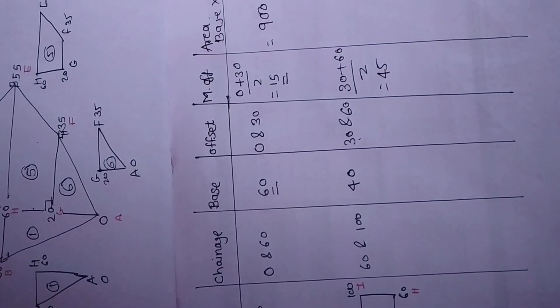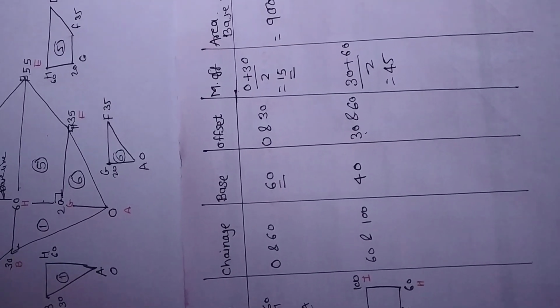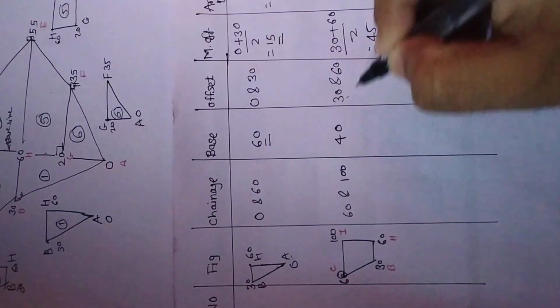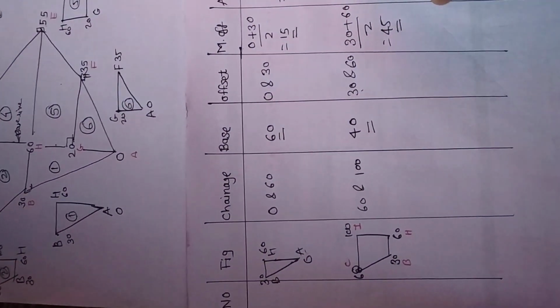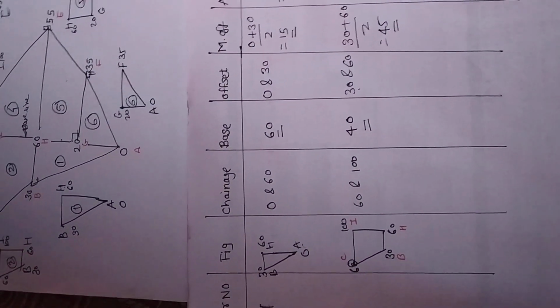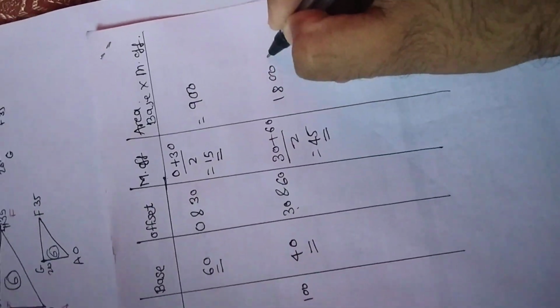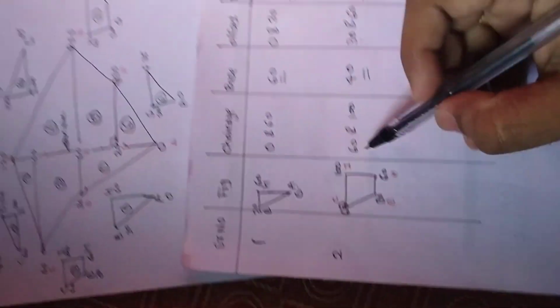Next, how am I calculating the area? 45 multiplied by 40, which is equal to 1800.